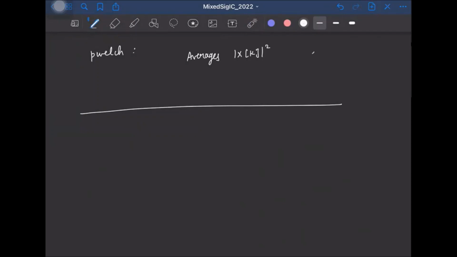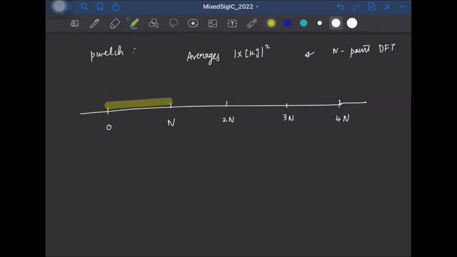So let's say you want to take an N-point DFT. Since we want to take multiple averages, let's take a larger number of points. For example, as we saw in the last class, let's say we take a total of 4N samples. We'll divide it into segments, each with N samples. We can choose this as the first segment and compute the DFT as mod X of k squared.